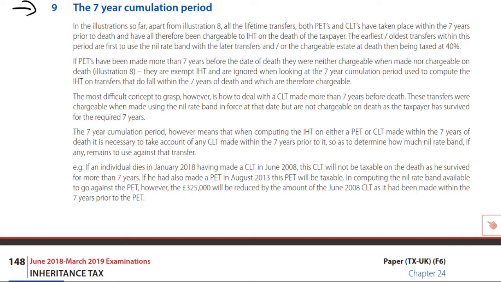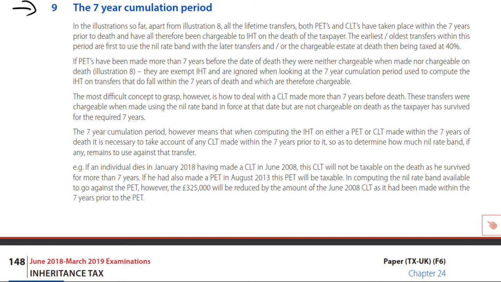So you could have 3 lots of £200,000 transfers, as we played with in our early sessions, and come out with very, very different figures of tax on those 3 self-same transfers. Anything between 0 and £80,000 worth of tax might have been payable. And it's all down to this 7-year accumulation period.